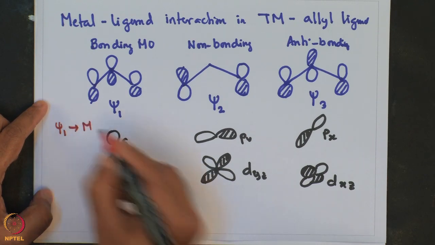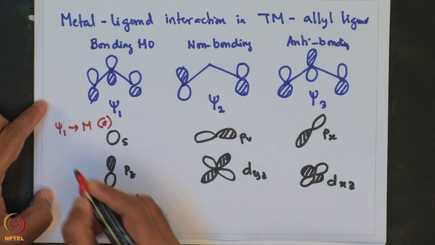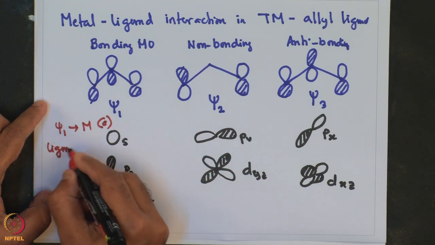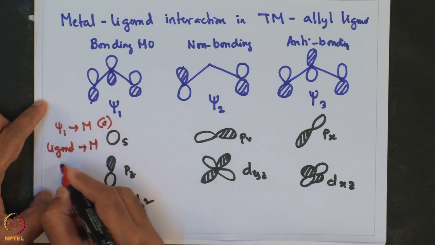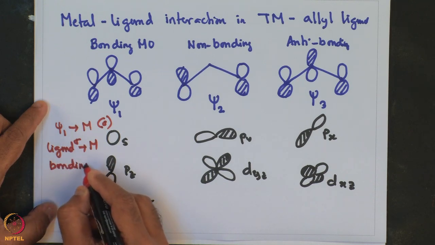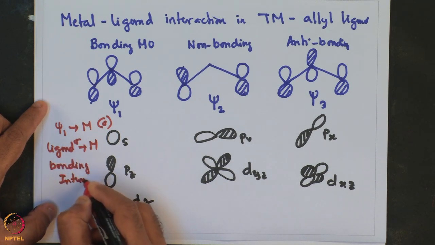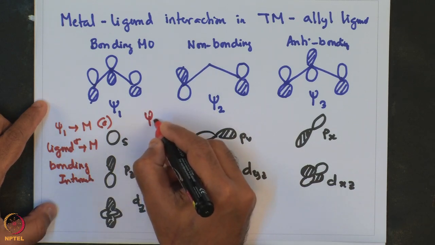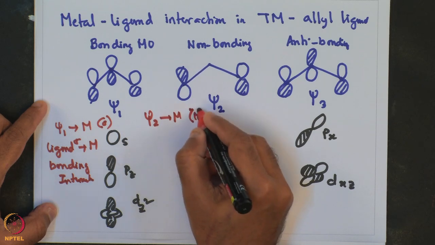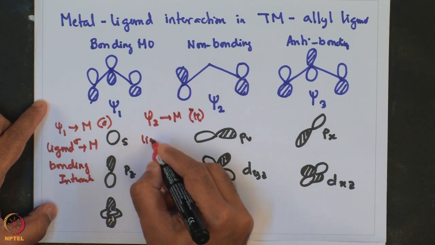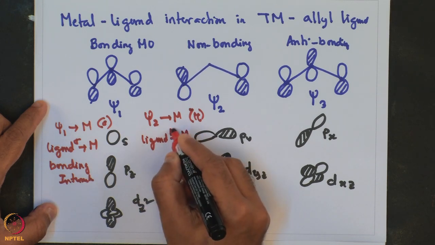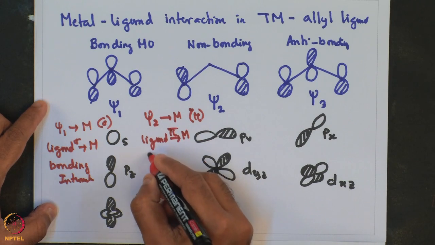Now, if one considers this interaction, what transpires is that psi 1 to metal is a sigma interaction. This is a ligand to metal sigma bonding interaction. Psi 2 to metal is a ligand to metal pi type interaction.